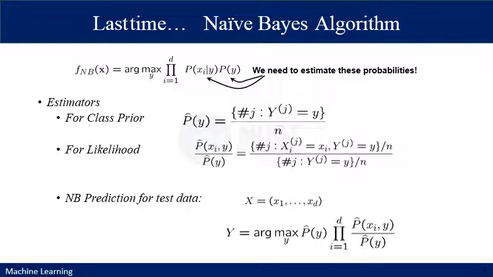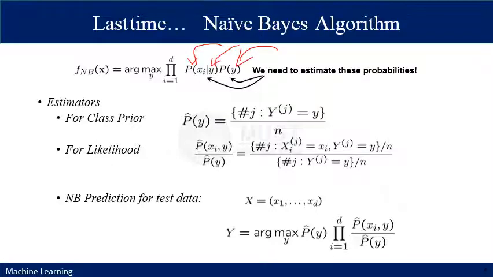That is the conditional probability of any feature given a class, positive or negative in binary classification, or any other label in multi-label classification, and the prior probability of that particular class.